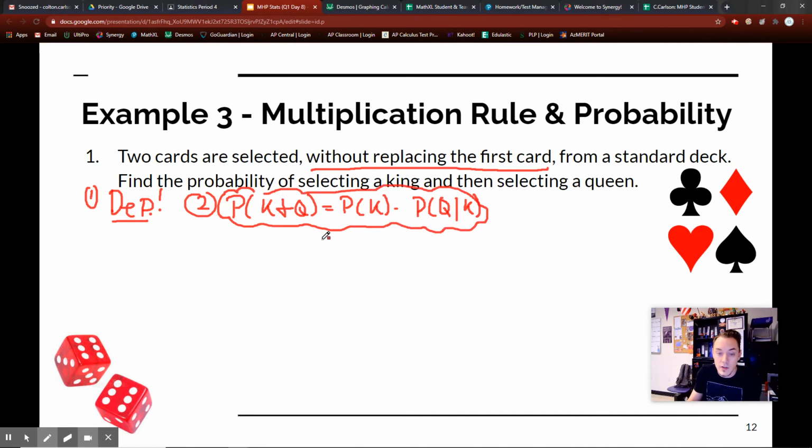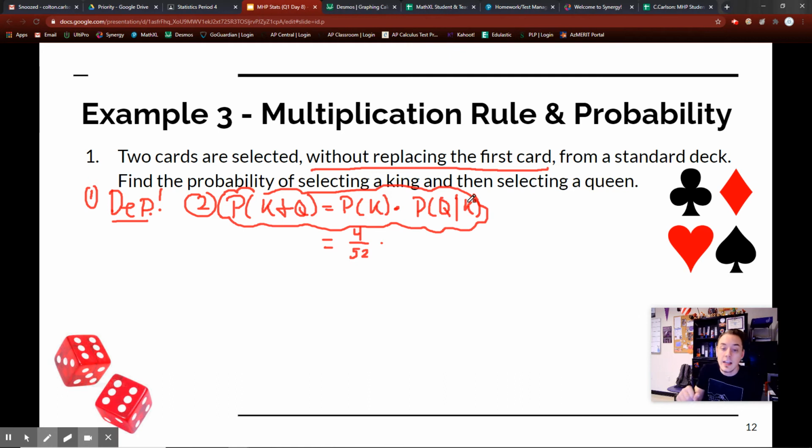Let's start solving this. What's the probability of a king? The probability of a king is just 4 out of 52. I have 4 kings, club, diamond, heart, spade, in the standard deck of 52 cards, times. Now, if I draw a king first and don't replace it, then I'm going to be asking how many queens are in the deck.